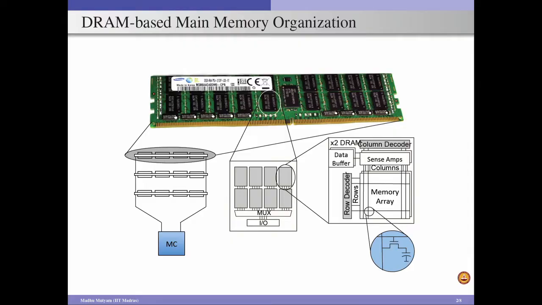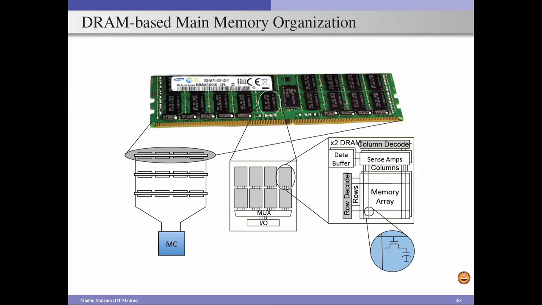By the way, the intersection of this word line and bit line will be the DRAM cell, and a DRAM cell consists of a transistor and a capacitor. Unlike an SRAM cell, where we require 4 to 10 transistors to store each bit of information, in the case of the DRAM cell we require only one transistor, but one capacitor is also required.